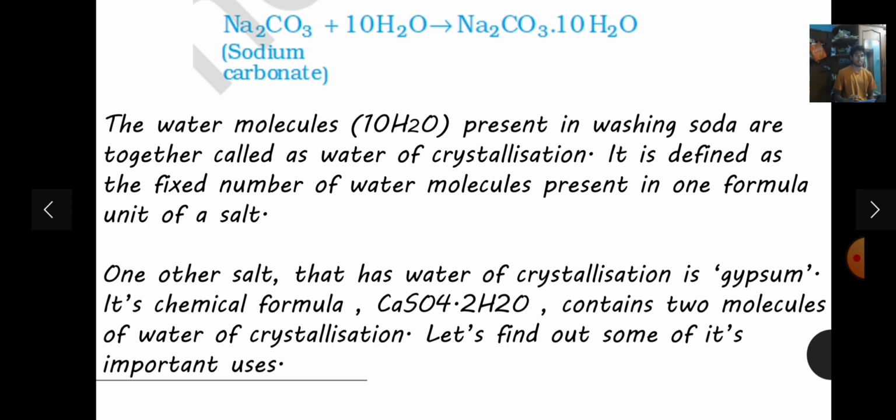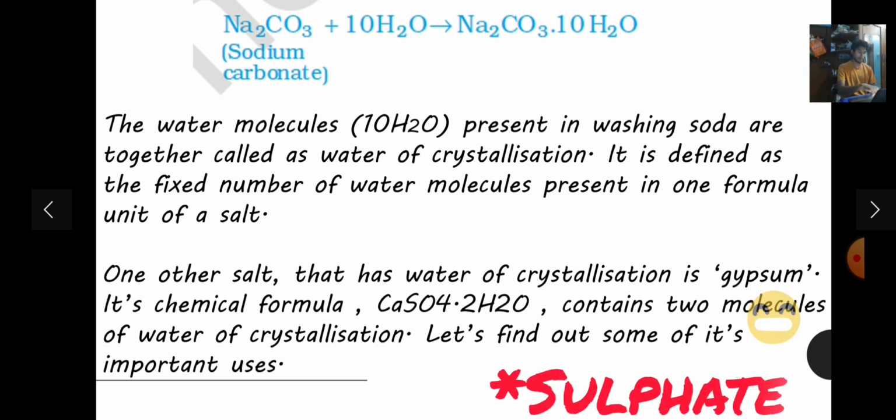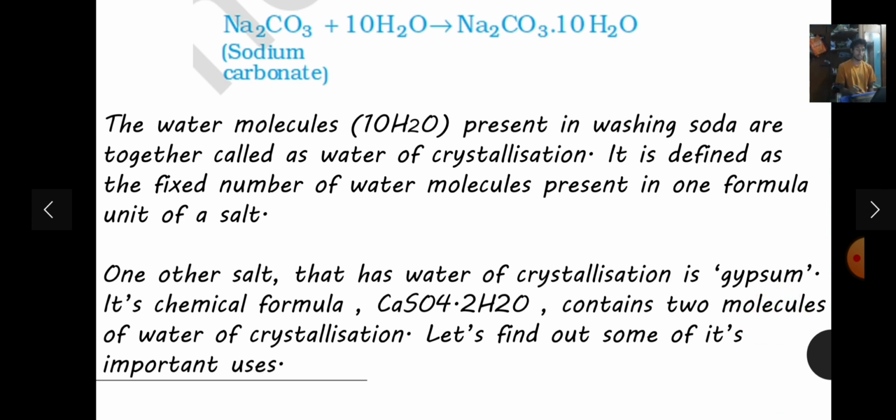Gypsum also contains these water molecules. Its chemical formula is calcium sulfate with two molecules of water, CaSO4.2H2O. It contains two water molecules. These are the water of crystallization in gypsum.